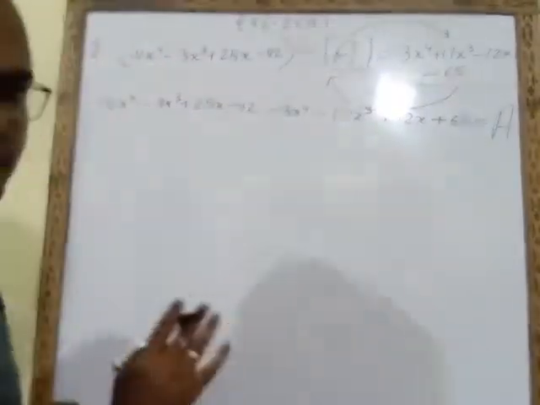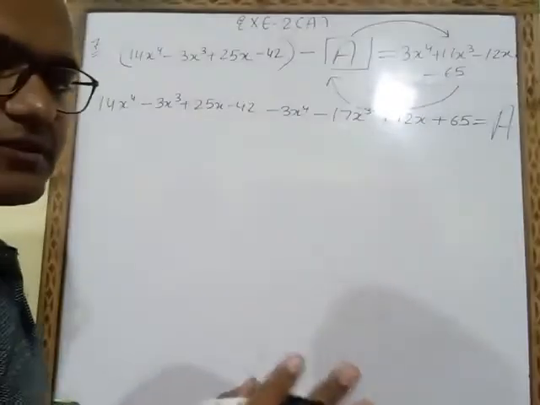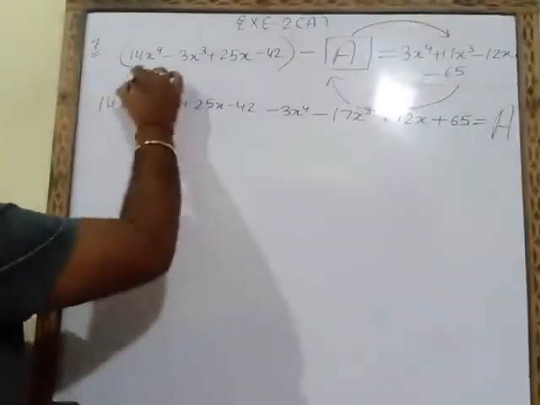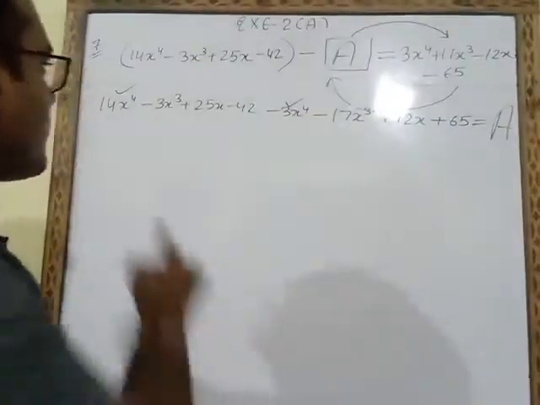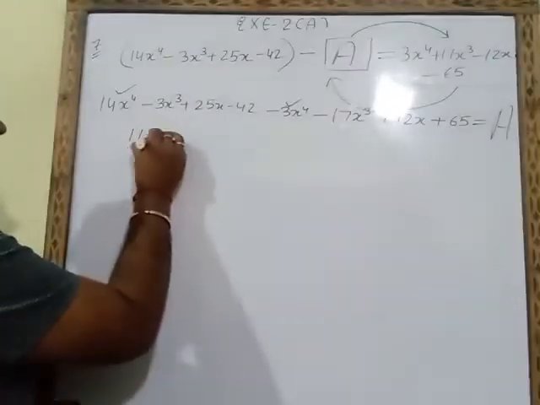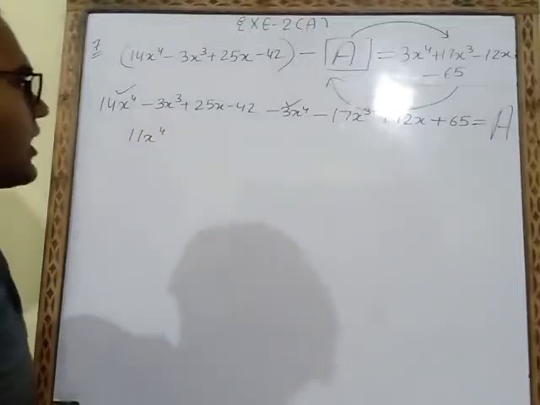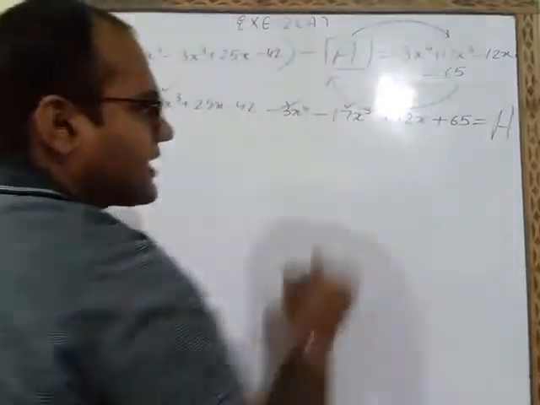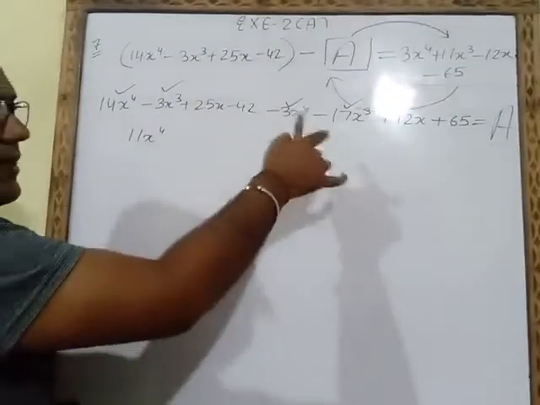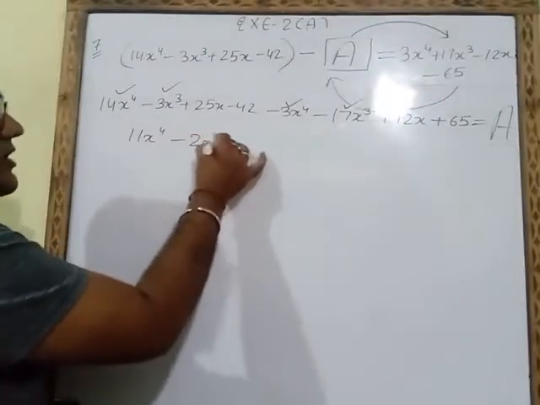Now same alphabet, same like terms we will solve together. This is 14x power 4 minus 3x power 4. So 14 minus 3, 11x power 4. Now minus 3x cube minus 17x cube. Minus 3 and minus 17 will be minus 20x cube.